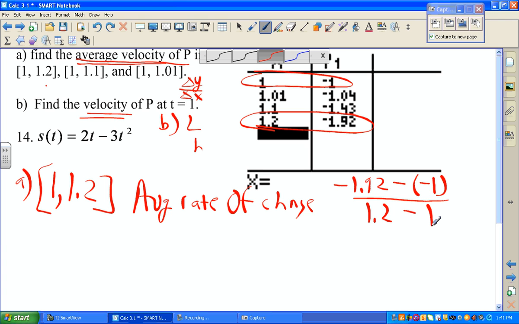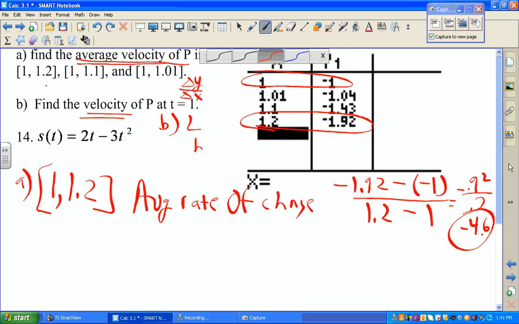Okay? I just took the difference in y's, divided by the difference in x's. That's all. Well, it comes out to be negative 0.92 divided by 0.2, which is what? 4.6? Yeah, negative 4.6. All right?